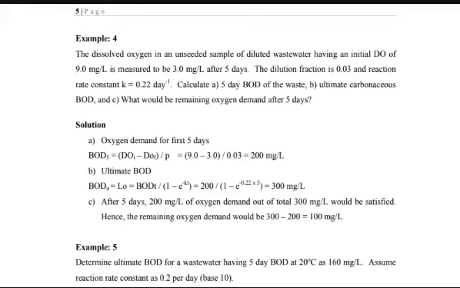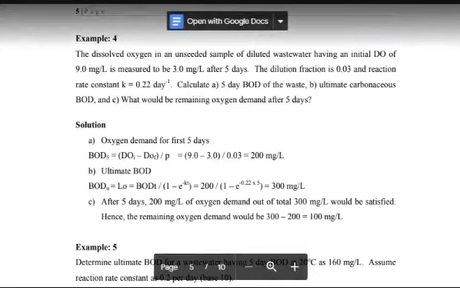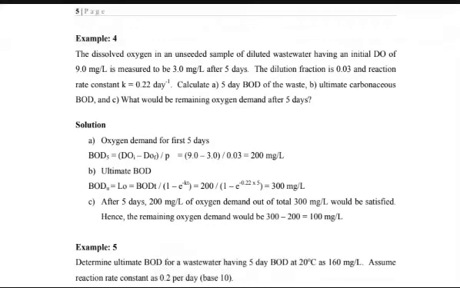So here, I will just read the statement. In between, you can write it. The dissolved oxygen in an unseeded sample of diluted wastewater having an initial DO of 9 milligram per liter is measured to be 3 milligram per liter after 5 days.